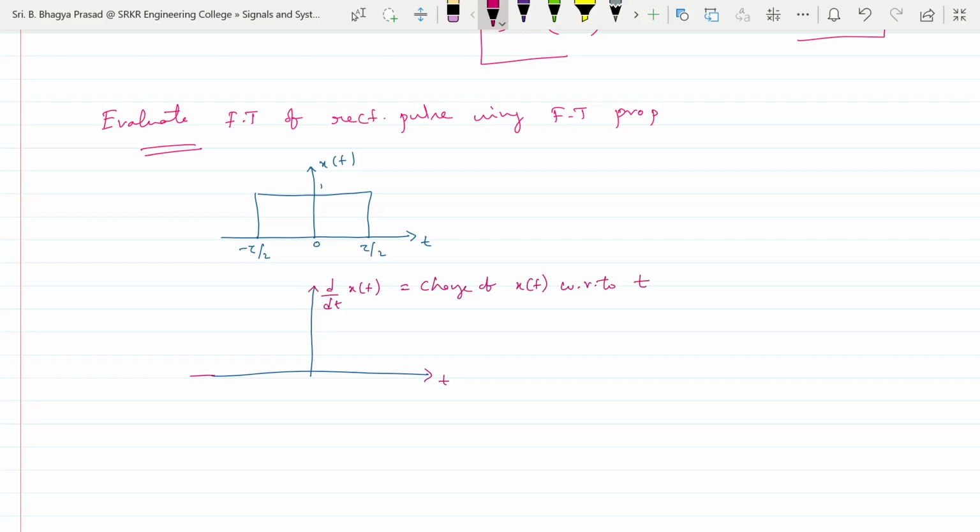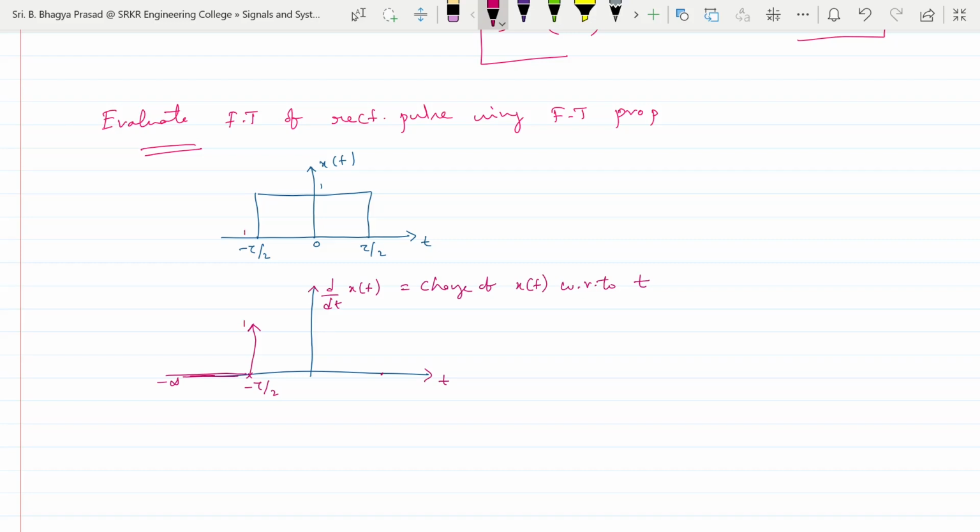So from minus infinity to minus tau by 2, there is no value, that is there is no change, so the change is 0. But at the instant of minus tau by 2, there is a change of value from 0 to 1. So I represent the change of x of t at minus tau by 2 as this one.